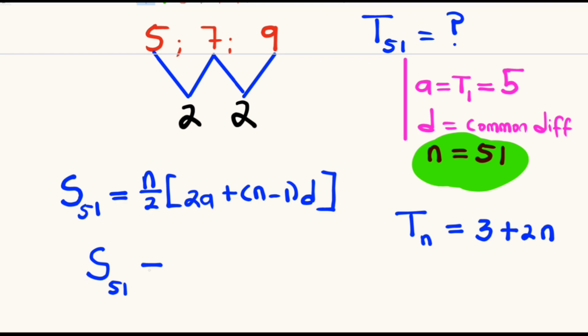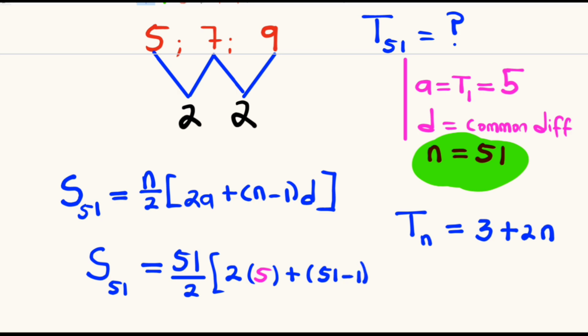will be equal to, in the place of the n, we substitute 51, and this will be divided by 2 into 2 multiplied by a, and the a, the first term, is equal to 5, plus, in the place of the n, we have 51 minus 1 multiplied by the common difference, which is 2.